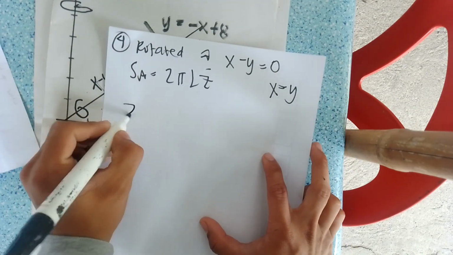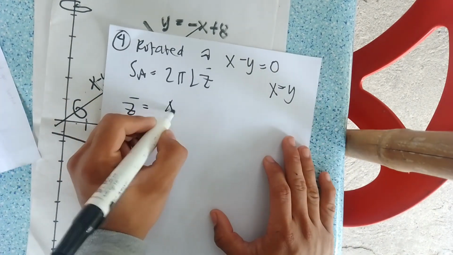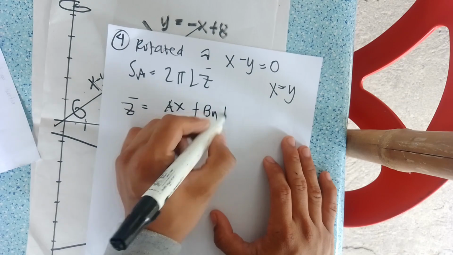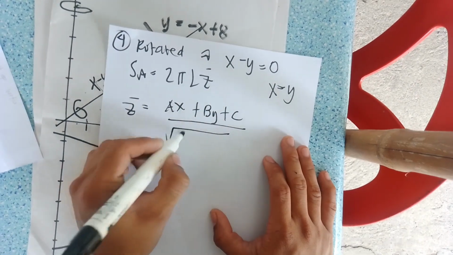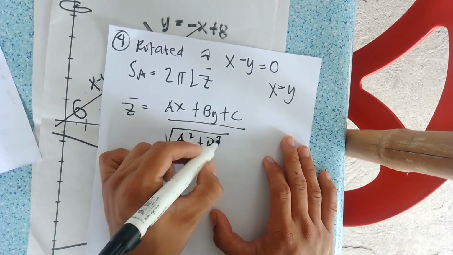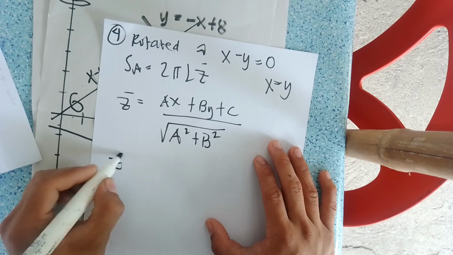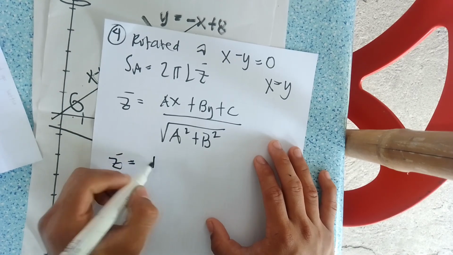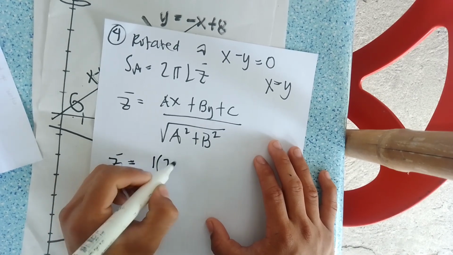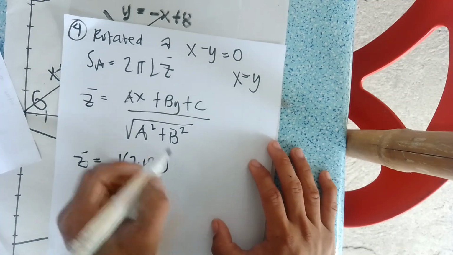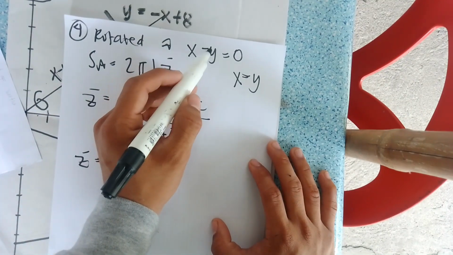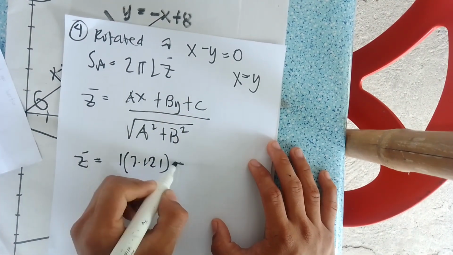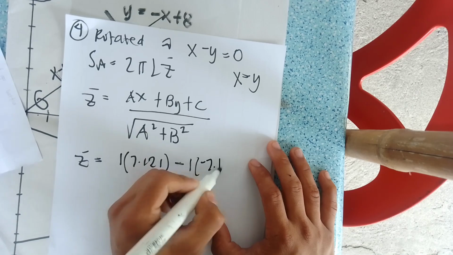Therefore, z bar is equal to ax plus by plus c all over square root of a squared plus b squared. So our z bar here is 1 times 7.121. We have negative y, so negative 1 is the coefficient, so we get negative b, which is negative 1 times negative 2.121.